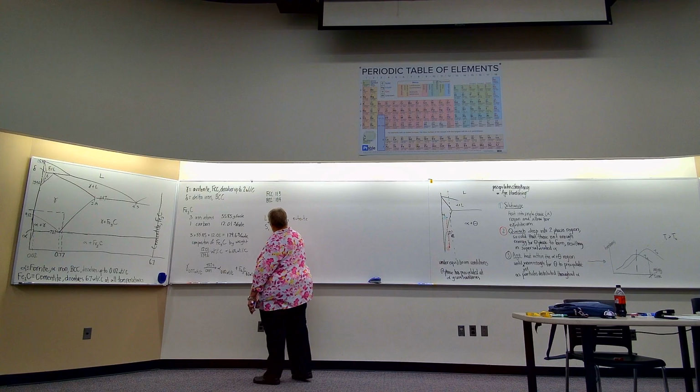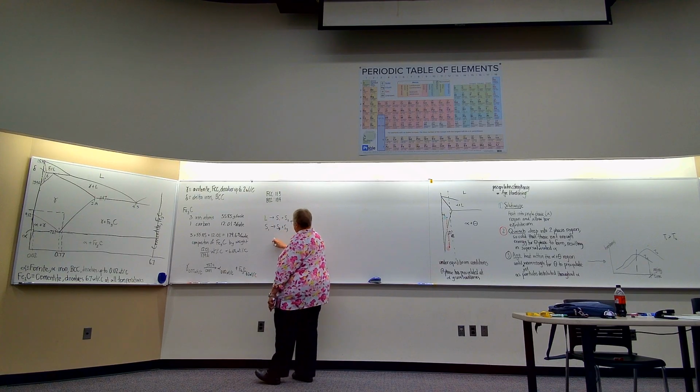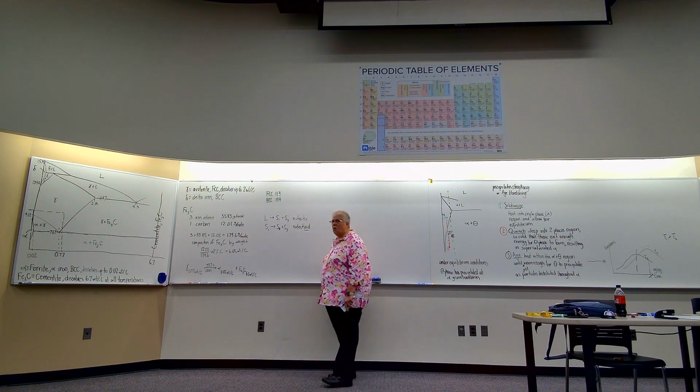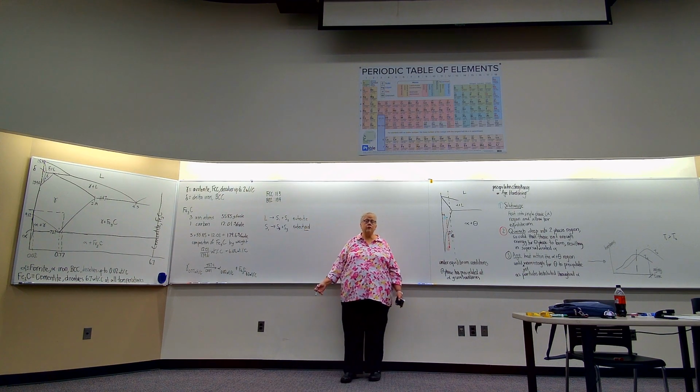Solid going to solid 2, solid 3, where I have all solids, that's a eutectoid. So this transformation in steel is a eutectoid transformation. Everything about heat treating steels has to do with that transformation.